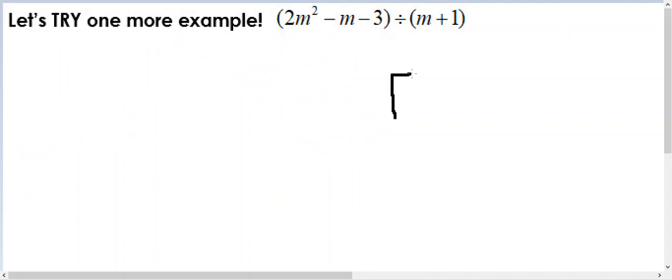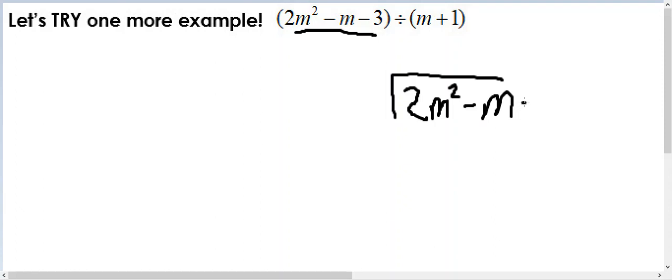Alright, let's try one more example. Here's my division bar. What's being divided goes on the inside. 2m squared minus m minus 3. What you're dividing by goes on the outside. So m plus 1.